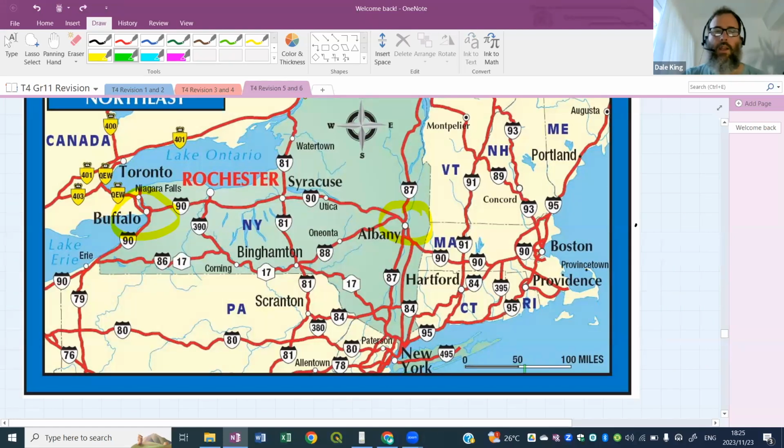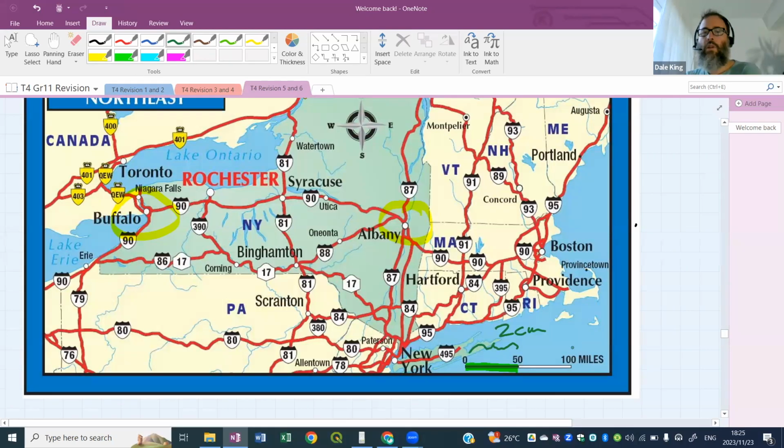Now I have done it for you, and I'm telling you that this whole piece that I'm highlighting in green is 2 centimeters.